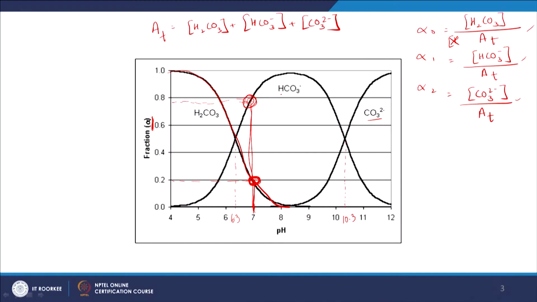Thus CO3 2 minus is only going to be present in the system at relatively higher pH, and that's a take home message here. In general, we are concerned with HCO3 minus and H2CO3, and mostly with HCO3 minus. This bicarbonate anion is going to affect your system in multiple ways, the applications of which we are going to look at further down the line.